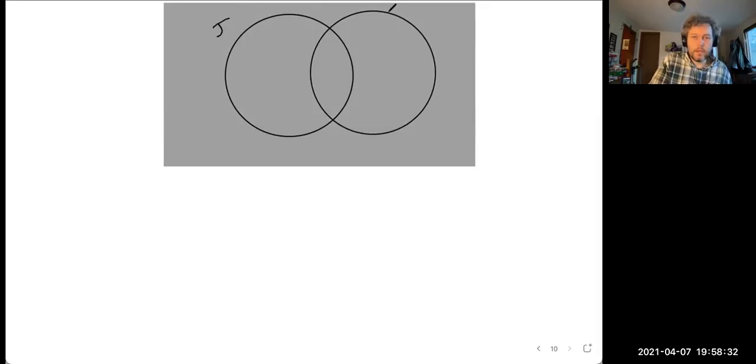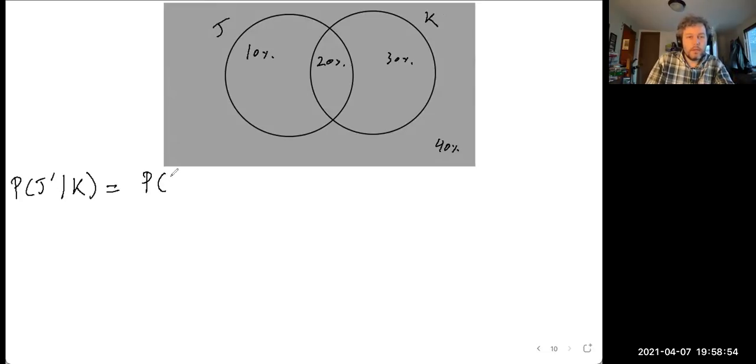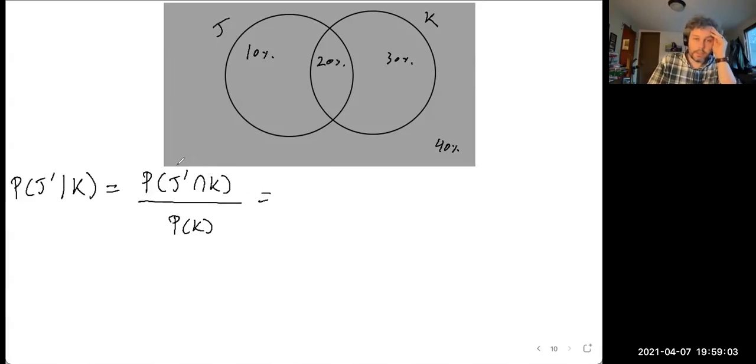So we had J, K, 10%, 20%, 30%, 40%. Let's find the probability of J complement given K. This would be the probability of J complement intersect K over the probability of K. And we remember from our discussion in set theory, J complement intersect K is just that part of K that has nothing to do with J. So the part of K that has nothing to do with J would just be 30%.